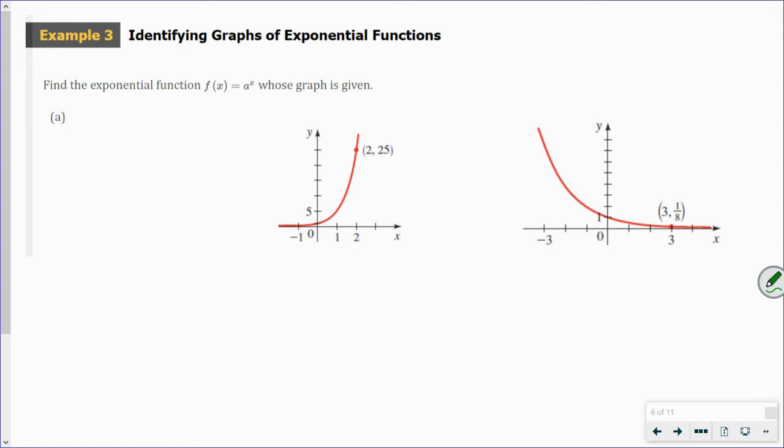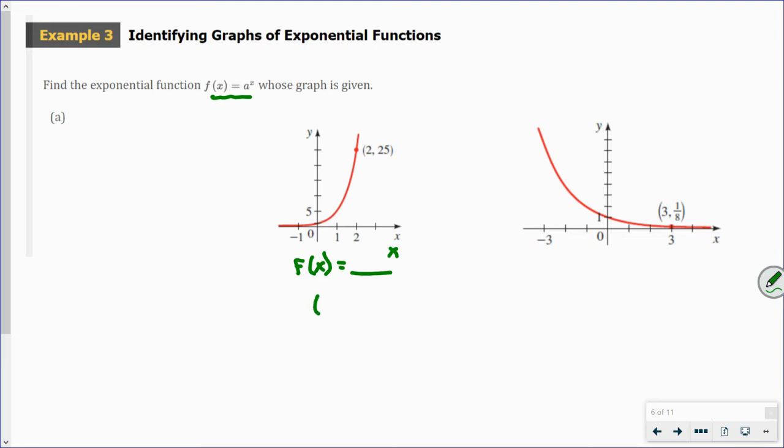Here we're going to actually find the parent function equation. So here's my equation that I want. I'm saying f of x equals what number to the x power? In this case, they give us the point 0, 1, but that's not going to benefit us any, because anything to the 0 power is 1.